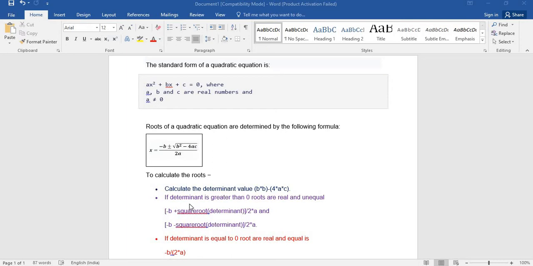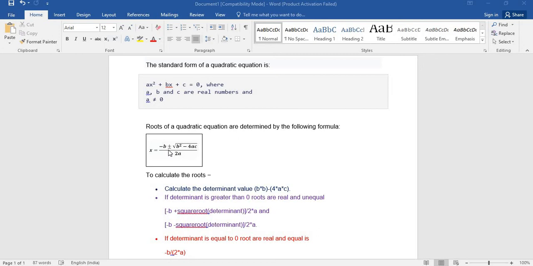The first, if the determinant is greater than 0, that means this value is not 0, we will get two real roots, because here we have plus minus. That means the root gives basically two values, positive as well as negative.